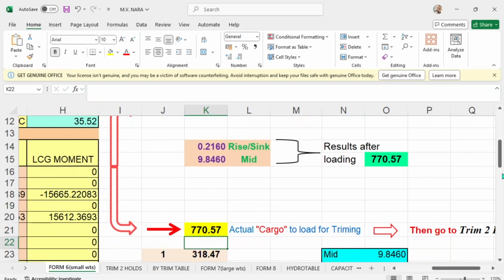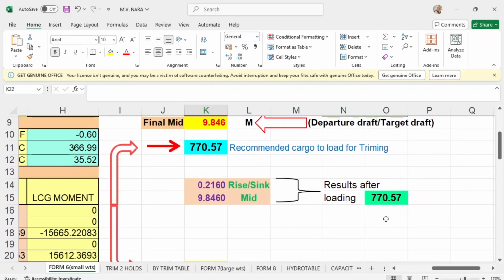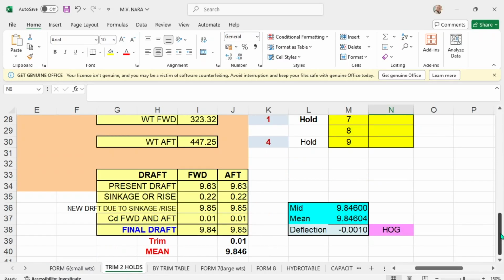Then you will see exactly the difference. So when you load 770.57, the sinkage is the same, 216. Draft is 9.846.